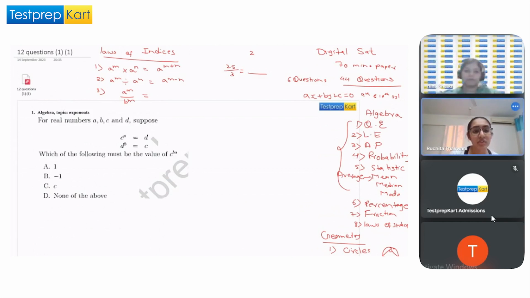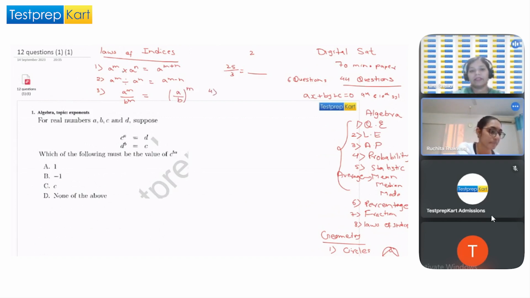In the first two, the base is the same, the power is different, and there is a sign of multiplication, that's why we add. For division, that's why minus. When the base is different and the power is the same, we can take it together.